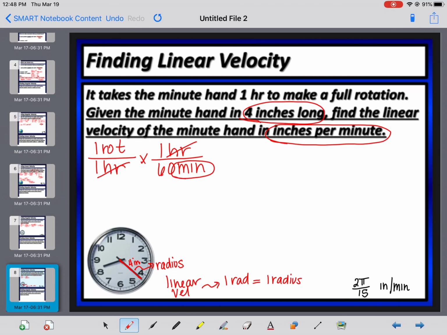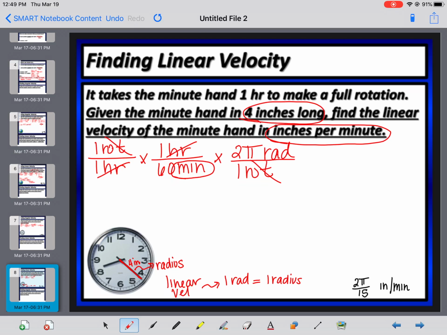Now, rotations to inches. Remember that the bridge between angular and linear is 1 radian equals 1 radius. So I have to first get my problem into radians. How many rotations equal how many radians? 1 rotation is 2 pi radians.